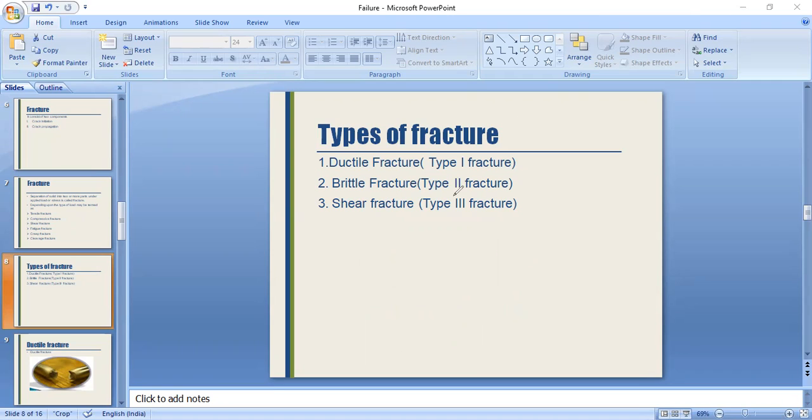But in the case of brittle fracture, what happens when any material is under loading condition?